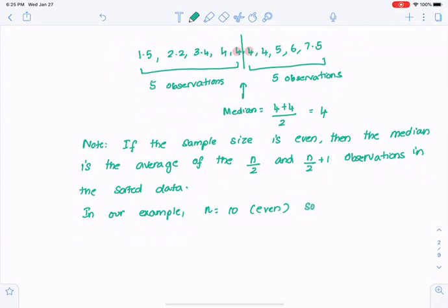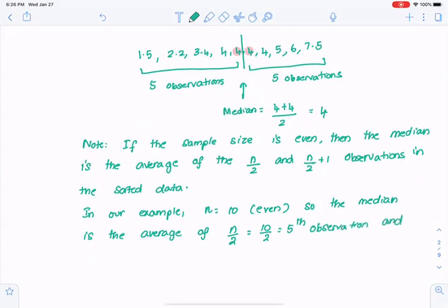So the median is the average of the n over 2 observation, which is 10 over 2, the fifth observation, and the n over 2 plus 1 observation, which is 10 over 2 plus 1, the sixth observation in the sorted data.